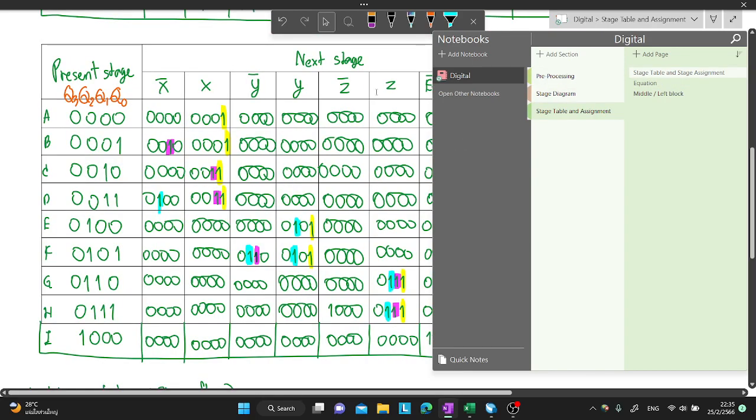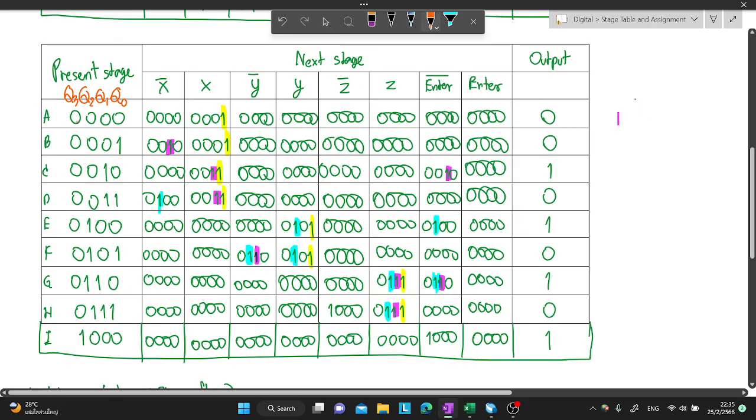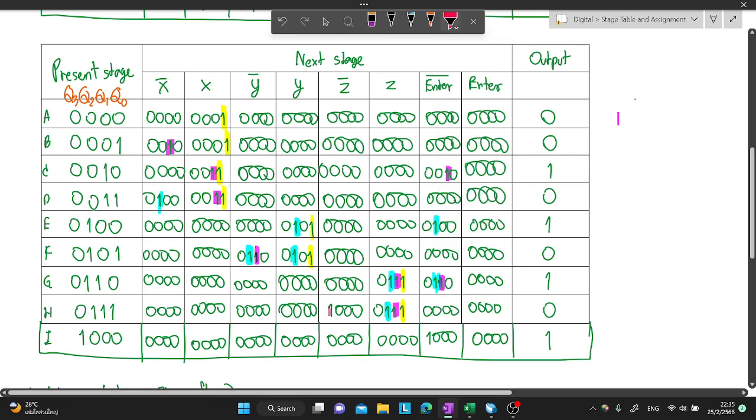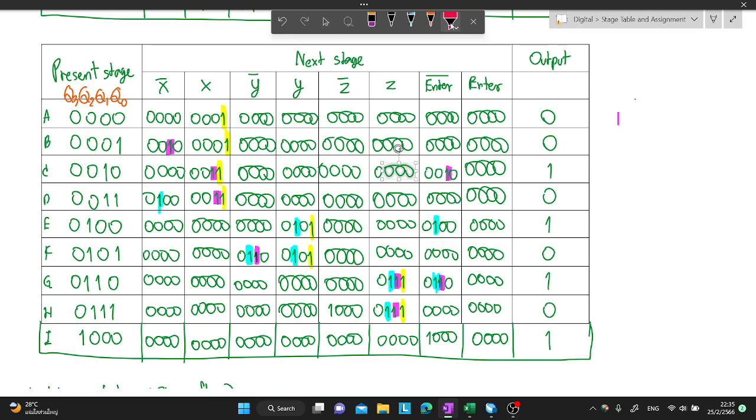So the last one is Q3, which is Q3 in here is 1. I'm going to find it.